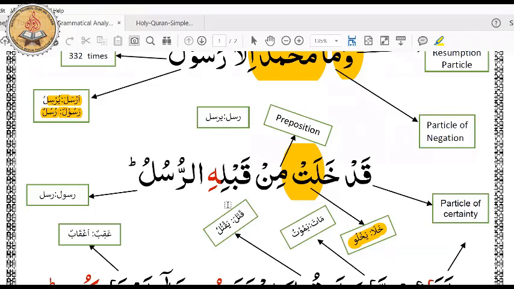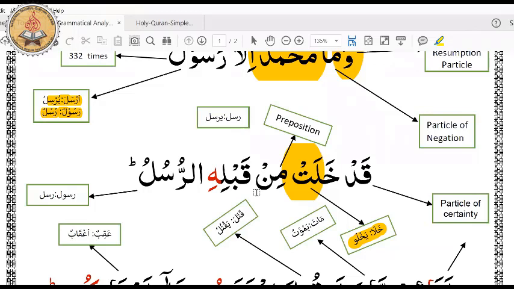Because of this, min is a harf jar. This is a pushing particle, a word which makes the last letter of the following word take a kasra, like we say Allah, Allahu, and we said before that ila means towards, and we say ilallahi.